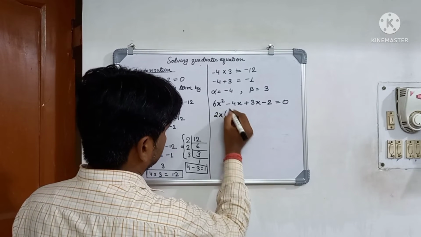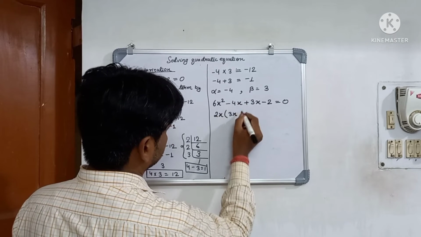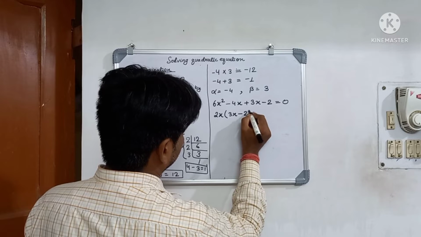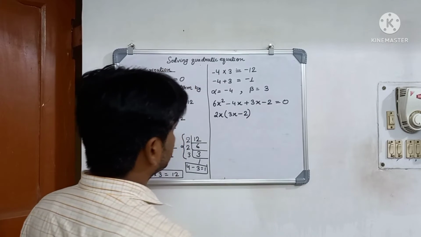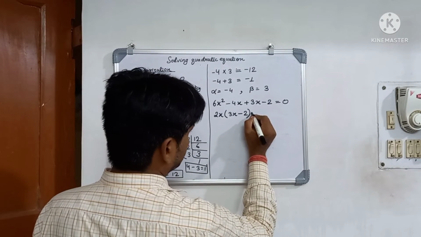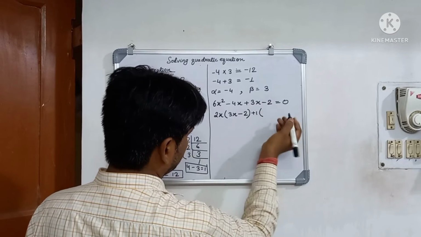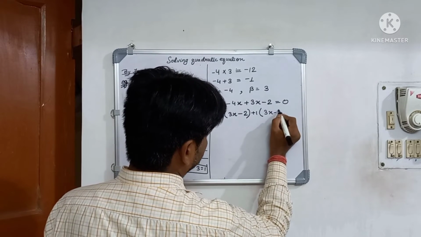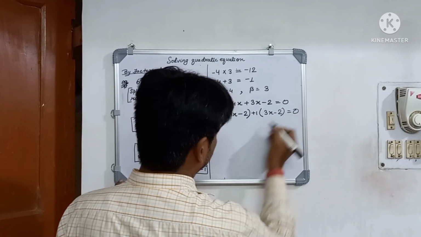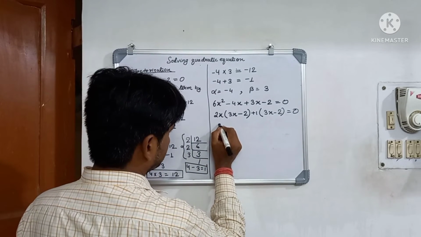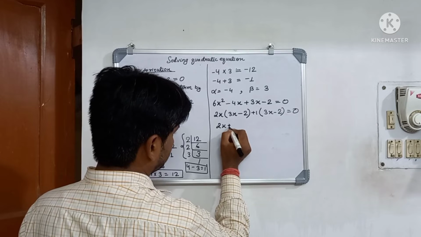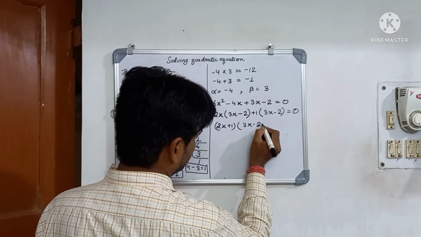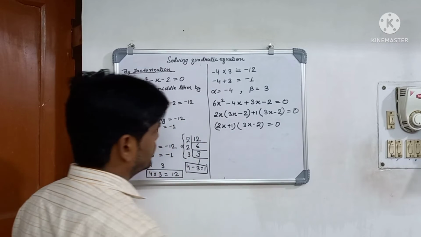2x, then we have 3x minus 2. From here we can again select plus 1 as its value that could be taken up. Then we have 3x minus 2 is equal to 0. We can write it like this: 2x plus 1 multiplied by 3x minus 2 will be equal to 0.